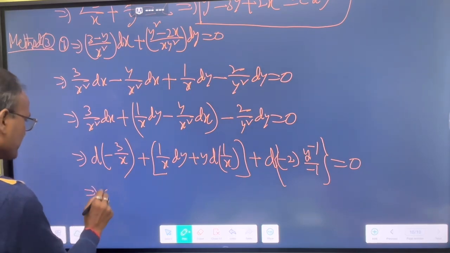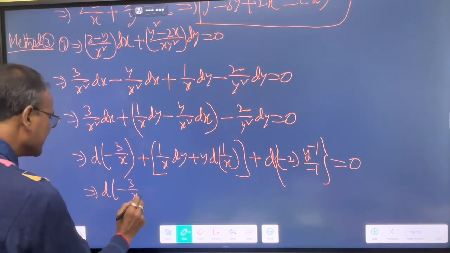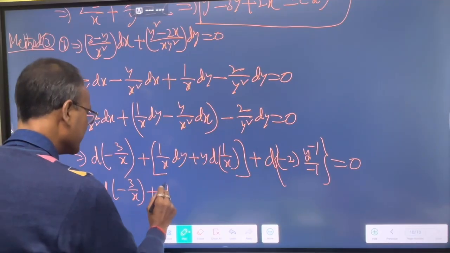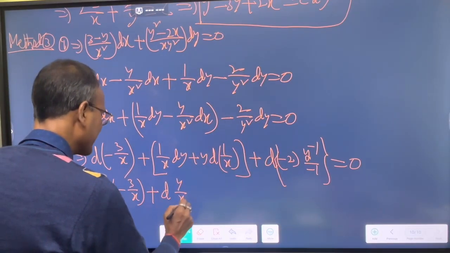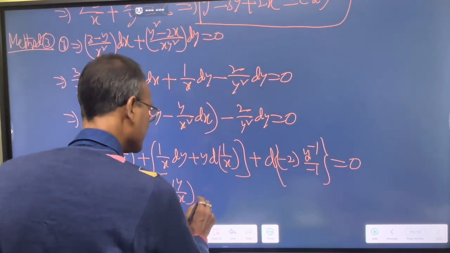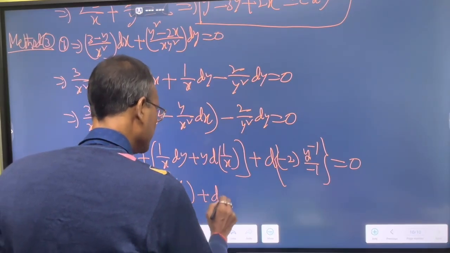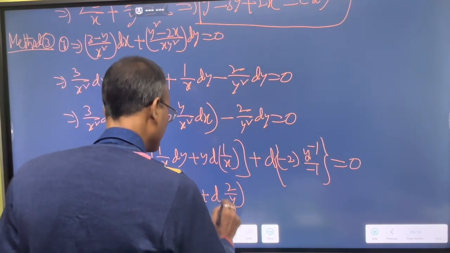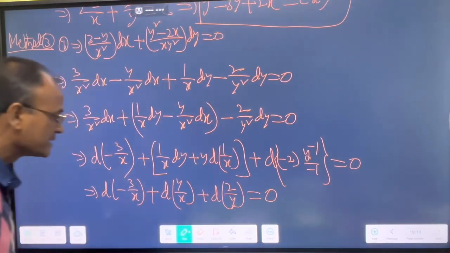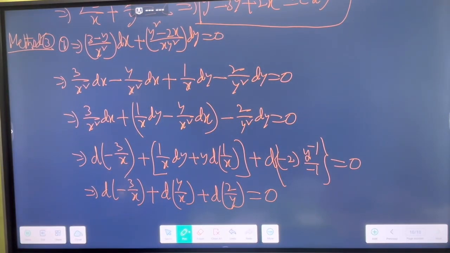This means d of minus 3 by x plus, you may write here, y by x, d of y by x plus d of 2 by y equal to 0.